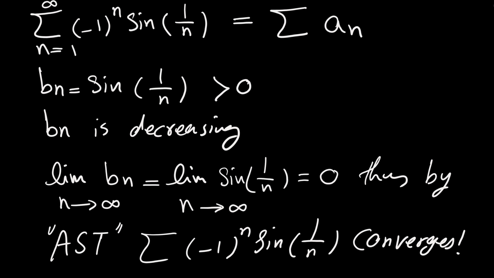Now, here I want to add something about the kind of convergence. We have two kinds of convergence: conditional convergence and absolute convergence. So what is conditional convergence and absolute convergence, and what is the difference?